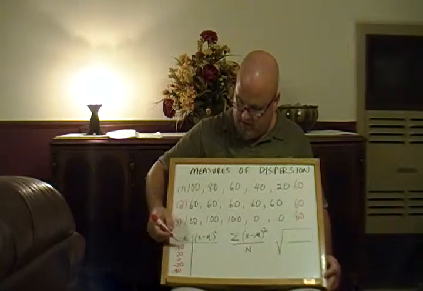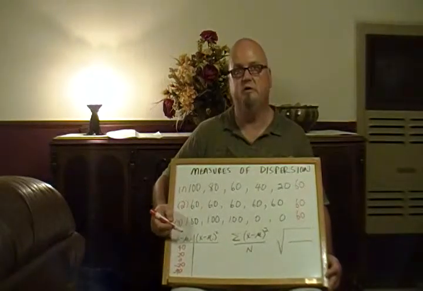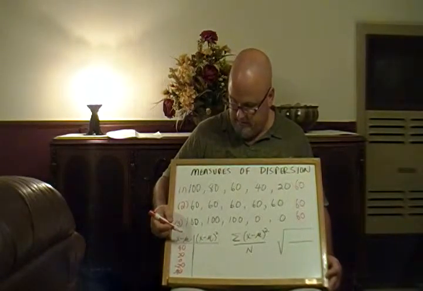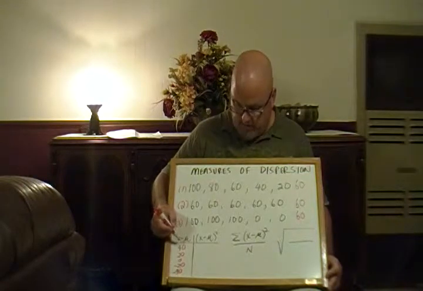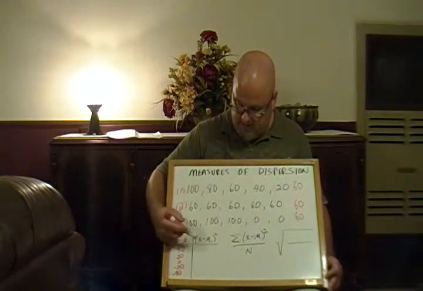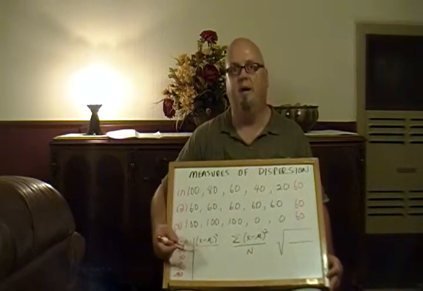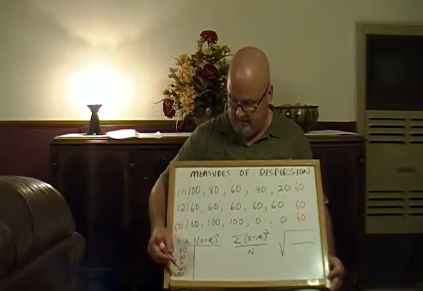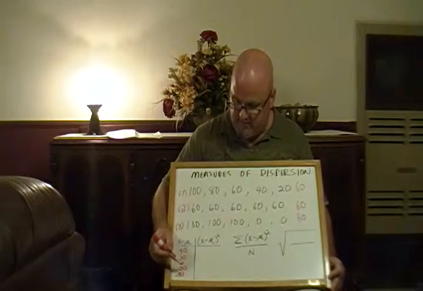And if you've done this correctly and you add this column up, it'll always equal 0. So we've done this correctly, but we're not going to add it up. We're going to square each one of these terms. And what that does is it makes our results all positive, because when we're talking about distance, negative really doesn't have any meaning.